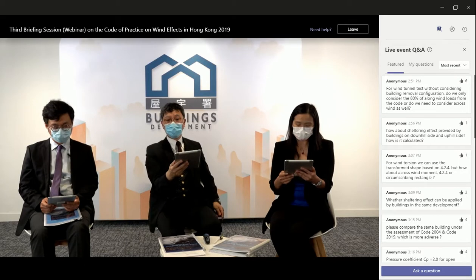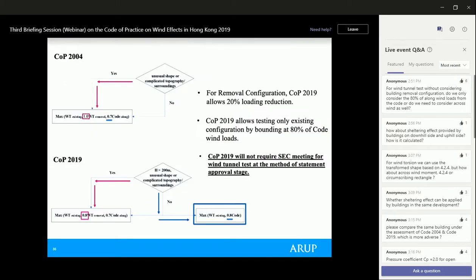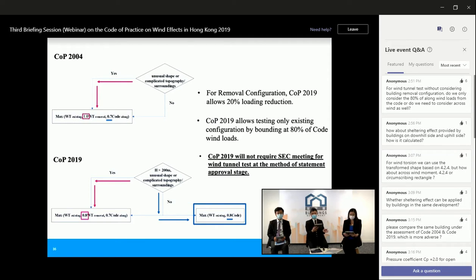Yeah, if you refer to the flow chart in the code, it specifies that if you do it without the removal configuration, the comparison lower bound is 80% of the codified wind load, which includes the maximum value between the crosswind and the along-wind. So basically, it will cover the crosswind case in the assessment. Yeah. So for this one, I want to further supplement a little bit.